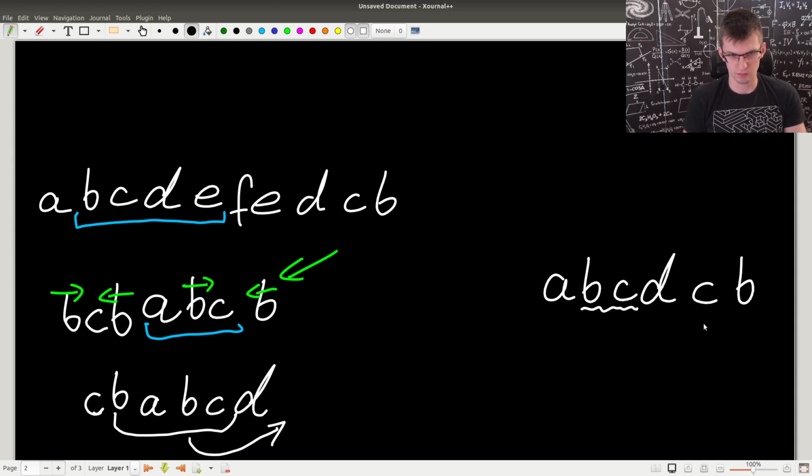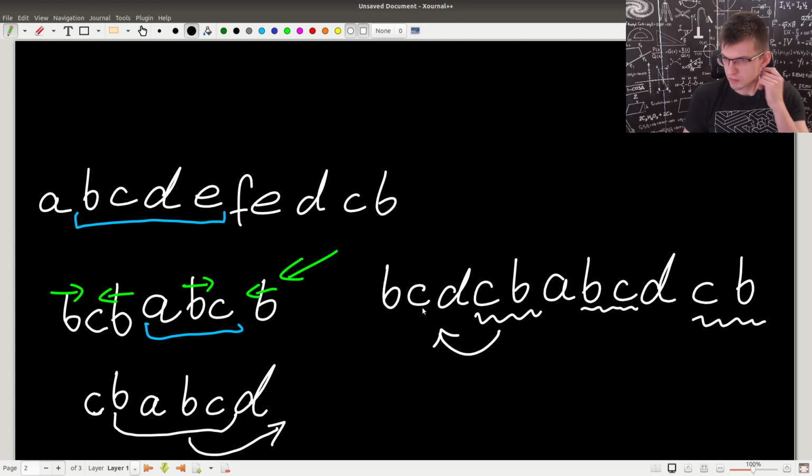CB, BC, BCD. And then it would be nice to copy this again. CB. Is this a palindrome? Was it that easy? That's the initial string.